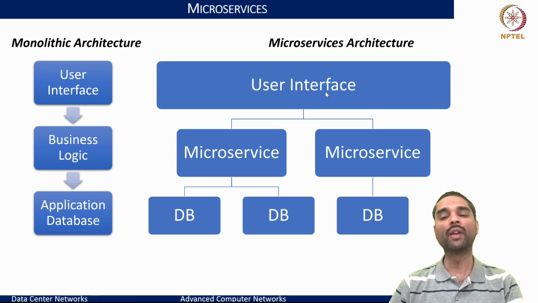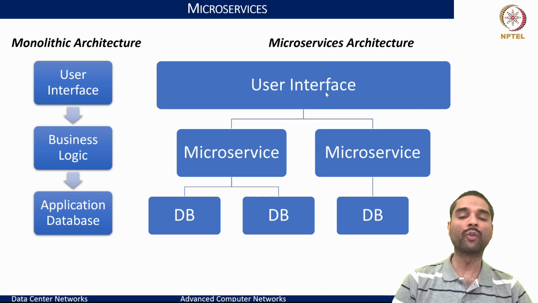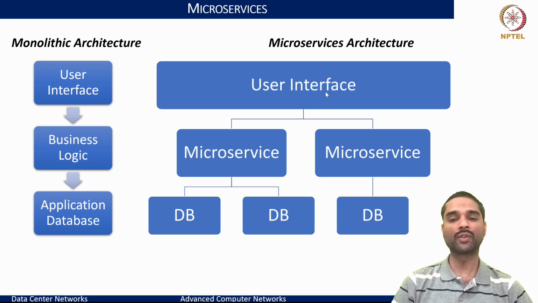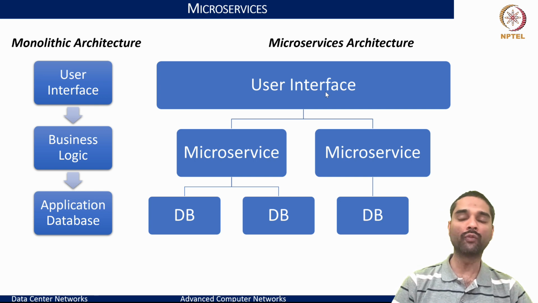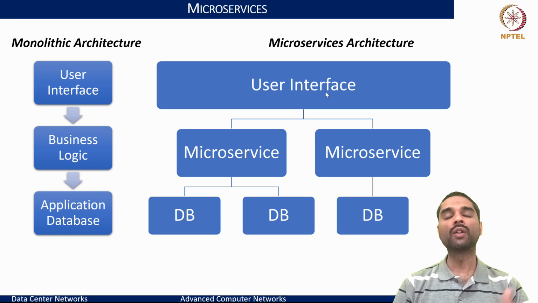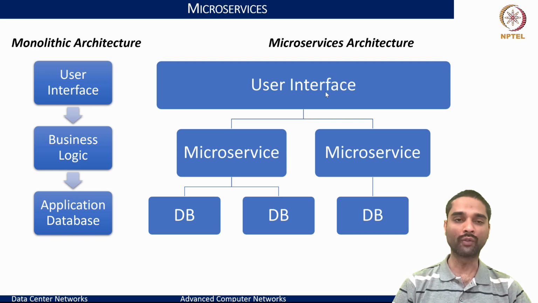So each service may have its own kind of a database that it sees fit, because sometimes you may want the relational database, sometimes you may want a NoSQL database, sometimes you would rather have a graph database. So this decoupling ensures that you are able to match whatever the requirements that you need for a specific kind of a microservice and bundle them together to facilitate the same service that you would otherwise meet in the monolithic architecture.